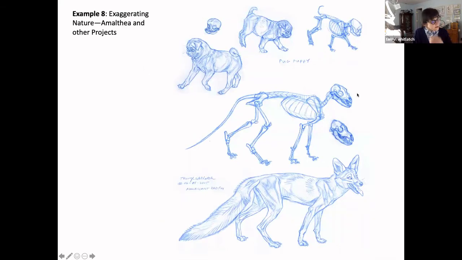Here are some studies of canines. A wild canine, this is a young red fox, an adolescent red fox. And then we have a pug puppy. The pug puppy, of course, is almost like an artificial, man-induced creature design. We have an adorable little dog that probably could not survive very well in the wild. Whereas this fox is incredibly adapted to survive in the wild.